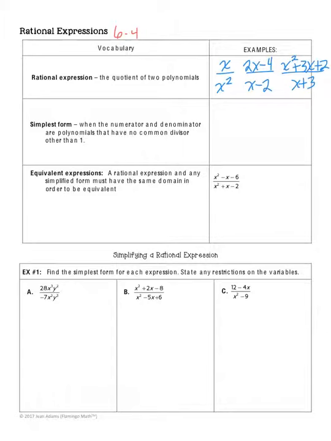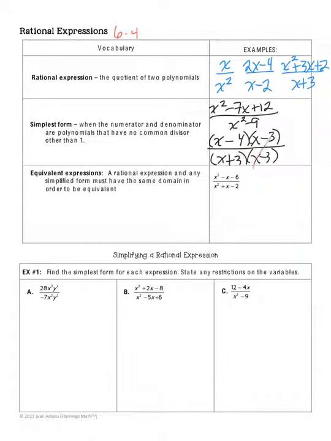So if you started off with x squared minus 7x plus 12, all divided by x squared minus 9, the numerator could be factored as x minus 4, x minus 3, all divided by x plus 3, x minus 3.